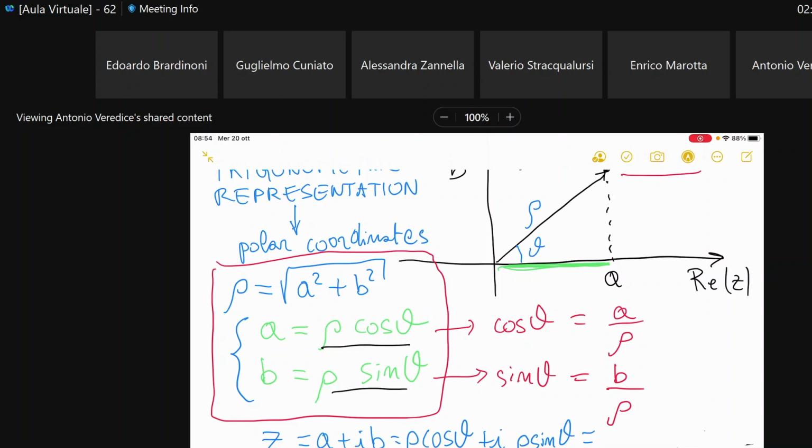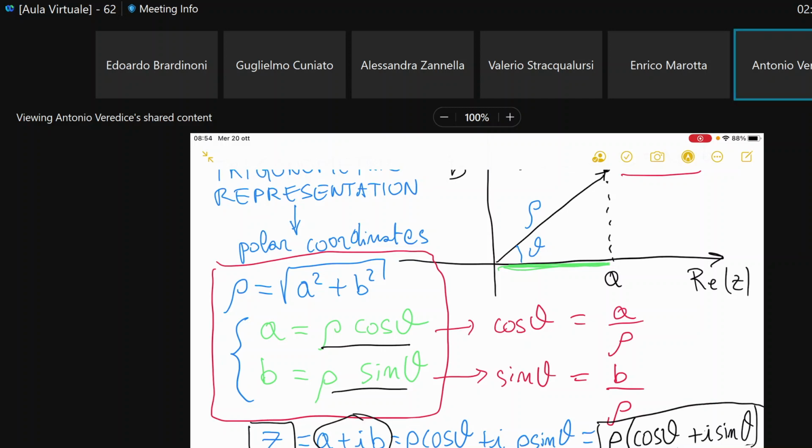By collecting rho, we can write z, the complex number, as rho times cosine of theta plus i sine of theta. So we have two different ways of writing down a complex number: the Cartesian one, a plus ib, and the trigonometric one, rho times cosine of theta plus i sine of theta.